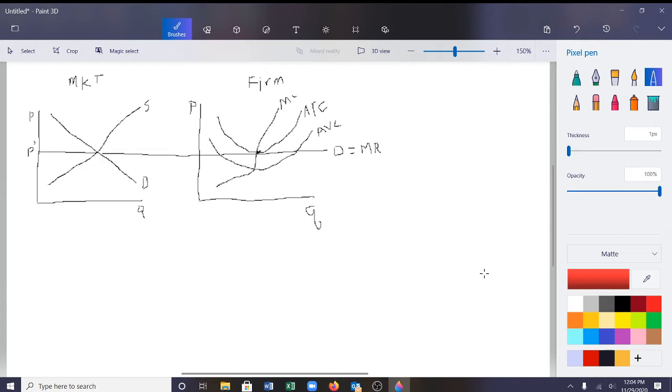The first way we might get knocked off of equilibrium is, let's begin and say that there's a technology shock to the market that causes the supply curve to shift to the right. So we'll have a new supply curve, call that S prime.